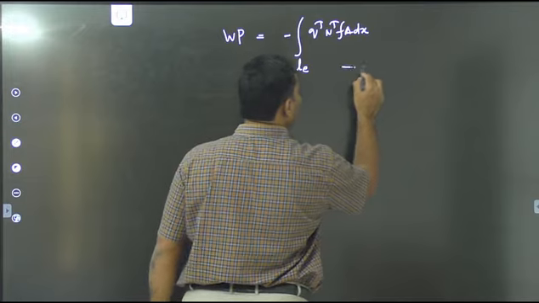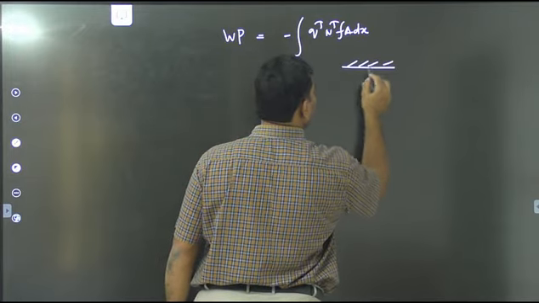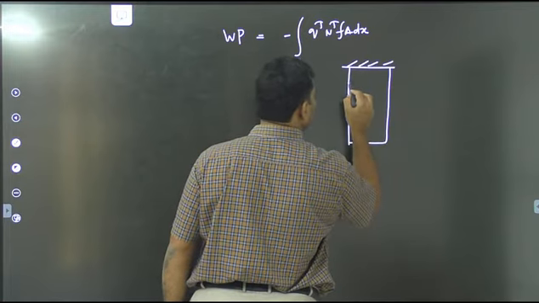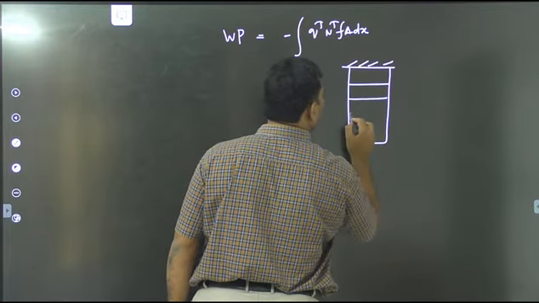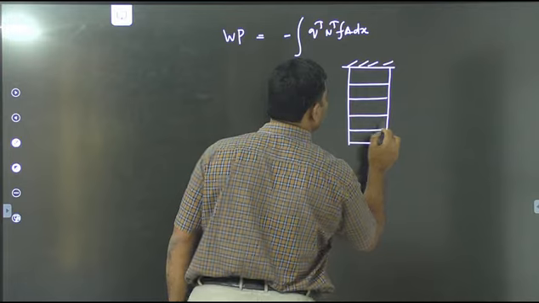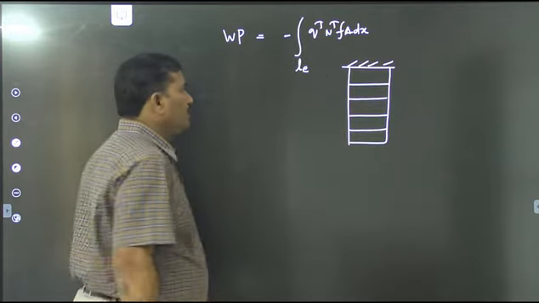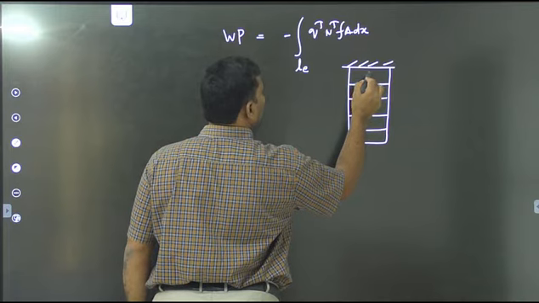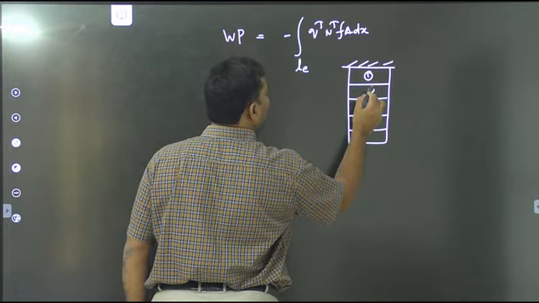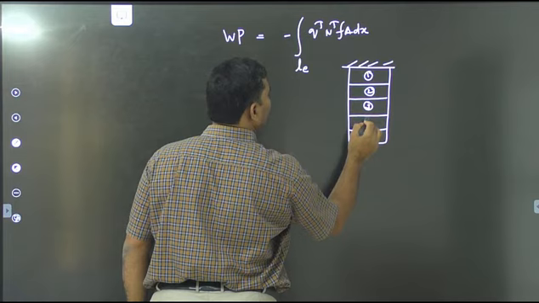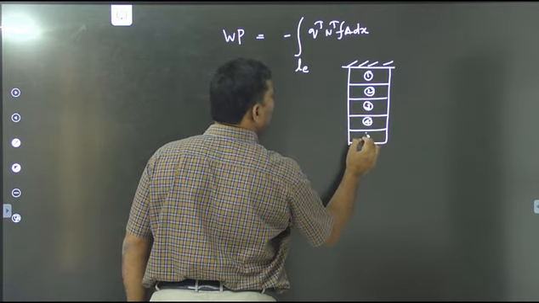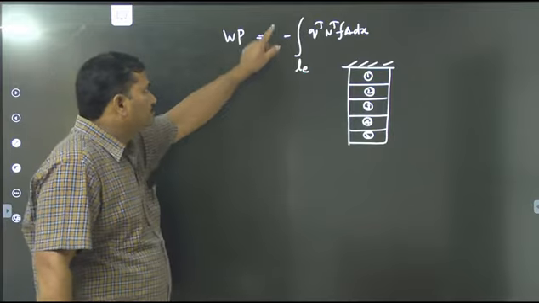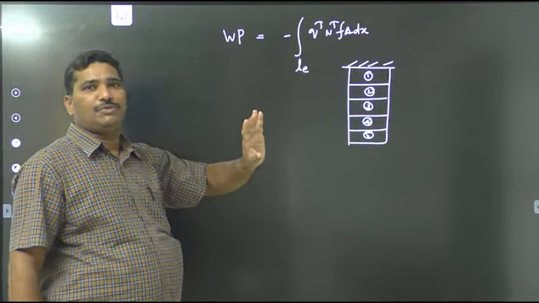When the one-dimensional solid is discretized into a number of finite elements like this, the work potential due to the body force in each element you have to determine. How many elements are here? There are 5 elements. For the first element, using this expression, you determine work potential.